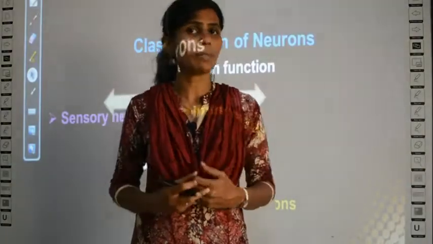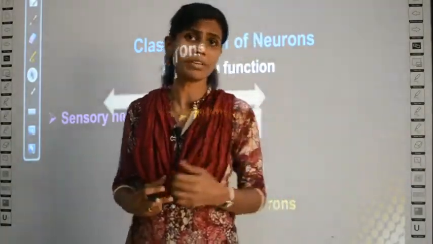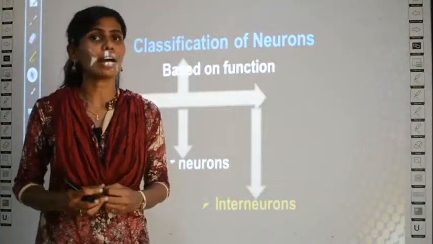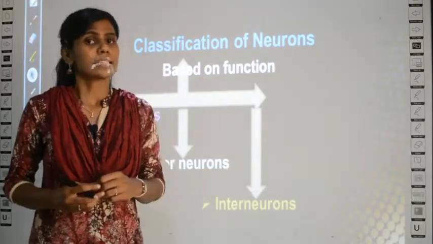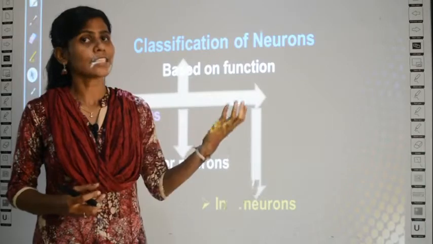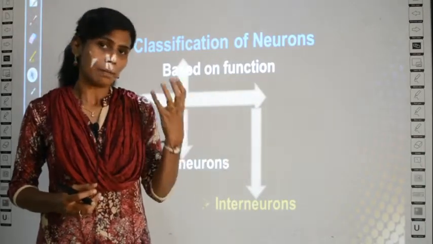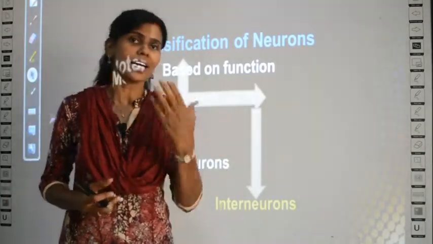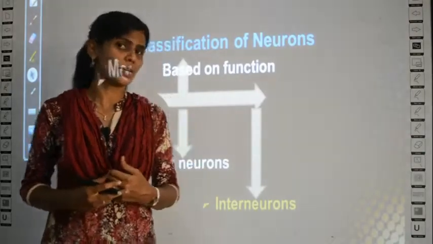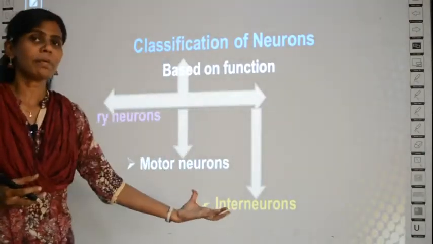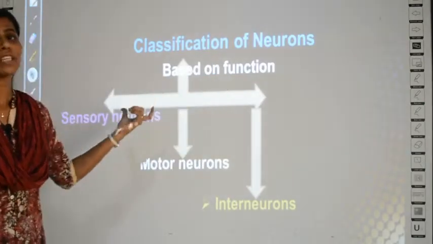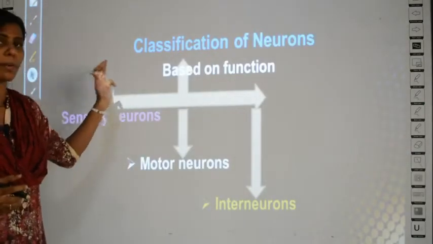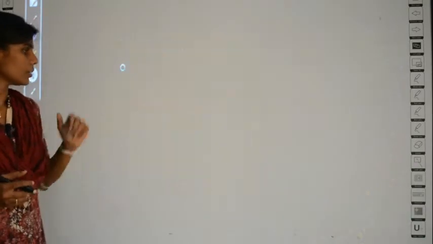What did you study about the structure of neurons in your previous class? Every neuron will have a cell body, a central nucleus, cytoplasm, axons, myelin sheath, everything you have studied in your previous class, right? So all of them have all those structures, but the only difference is their functions are going to be different. About this only you are going to learn in today's class.